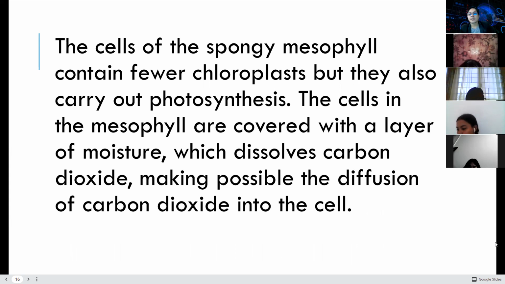The cells in the mesophyll are covered with a layer of moisture, which dissolves carbon dioxide, making it possible for diffusion of carbon dioxide into the cell, to power up the light-independent reaction or the dark reaction to happen.